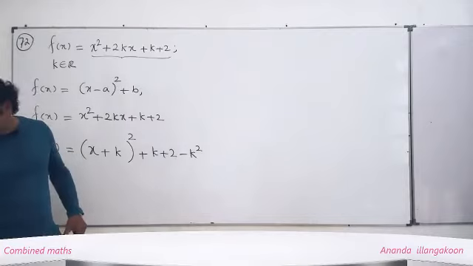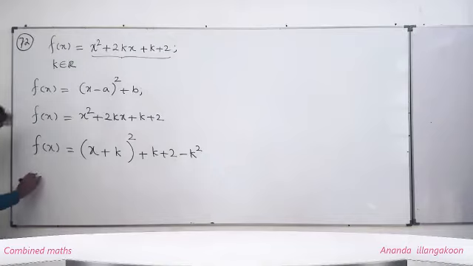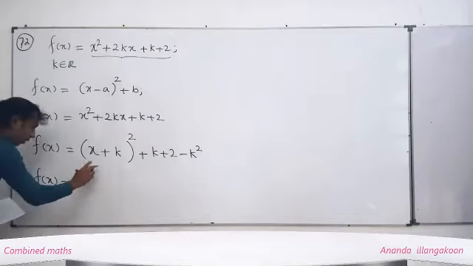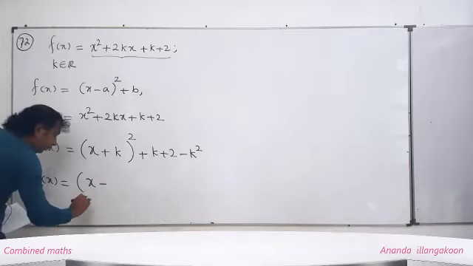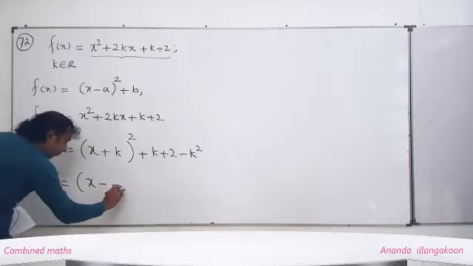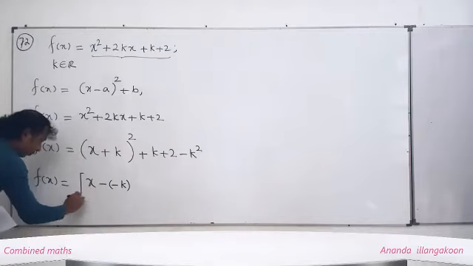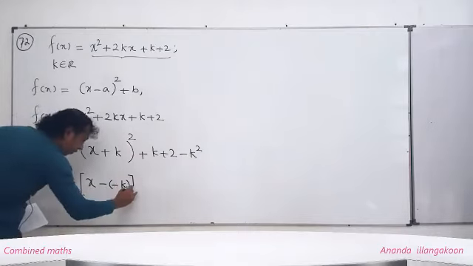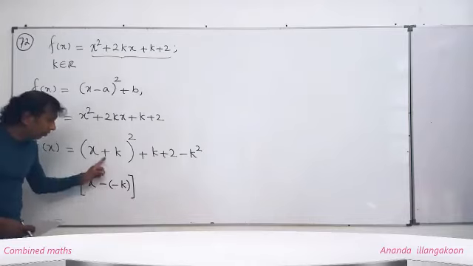Now, what is being asked? f(x) equals this: (x plus k) squared. Shall I write plus sign like this, or x minus minus k? This way I can write. Here minus and minus make plus, this is coming.